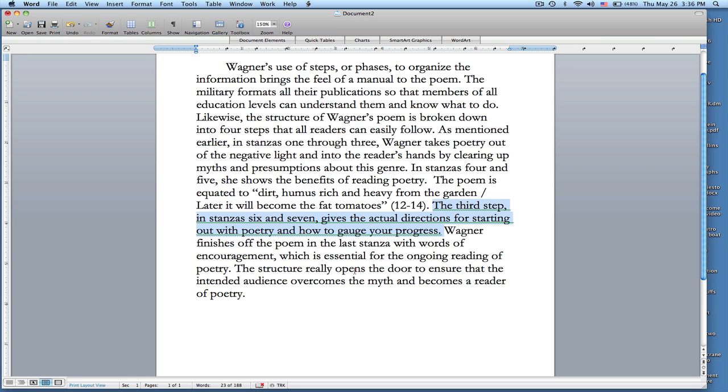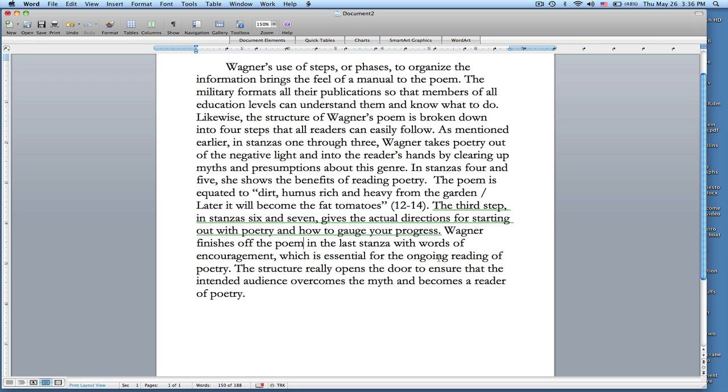The structure really opens the door to ensure that the intended audience overcomes the myth. I'm assuming the myth of poetry being difficult and above our heads, and becomes a reader of poetry. So there's some good ideas here, but what the writer would really need to do to develop his analysis is, after setting up all of these steps, explain what makes this such an effective manual.